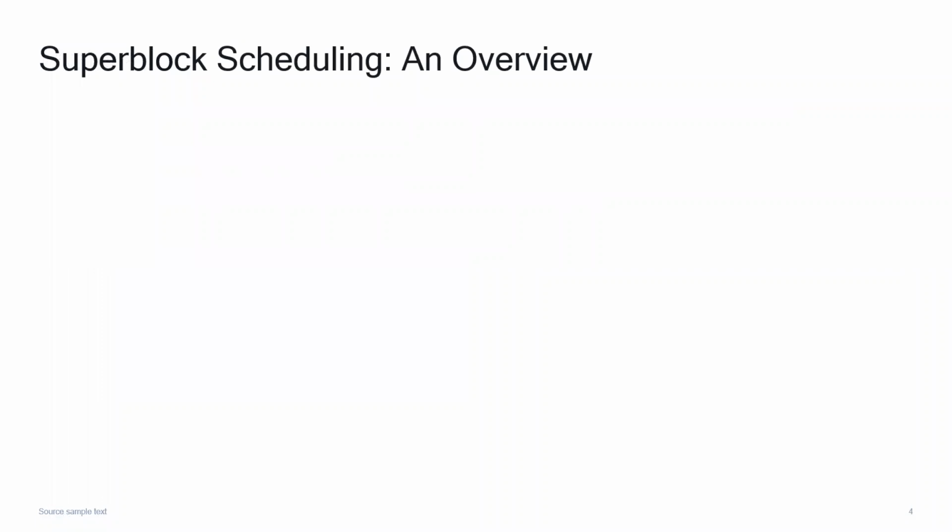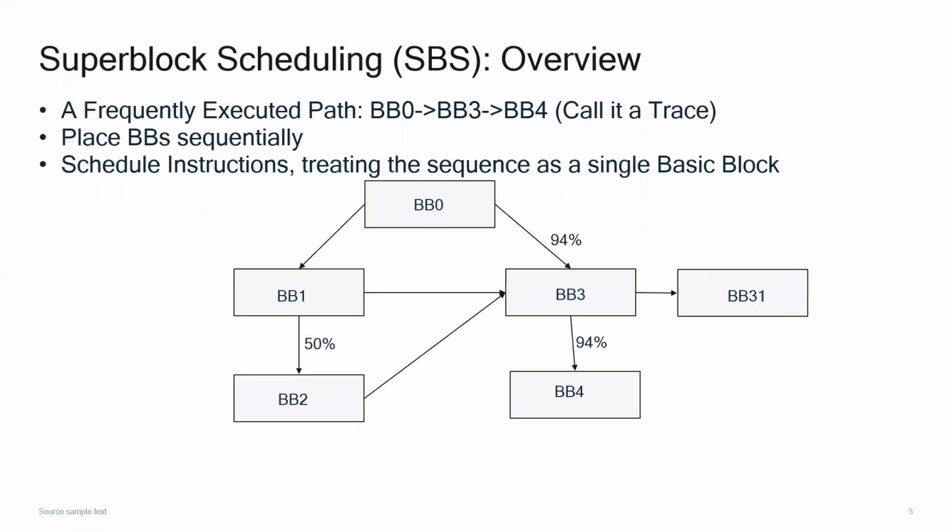So what do we do in superblock scheduling? First, we will build a control flow graph annotated with branch taken frequencies.